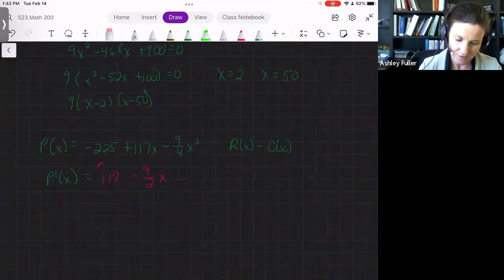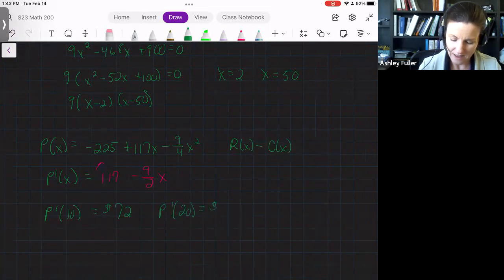And then if I wish to find the marginal profit at various points, I can calculate the marginal profit at 10 by plugging in 10 and getting a marginal profit of 72. I can calculate the marginal profit at 20, and I get a marginal profit of 27. And I can calculate it at 30, and I get a marginal profit of negative $18.